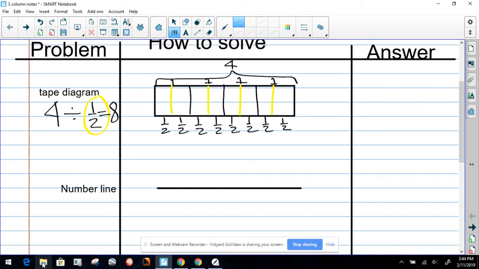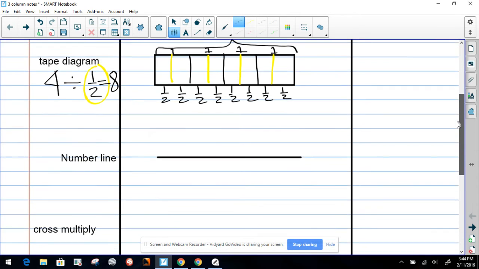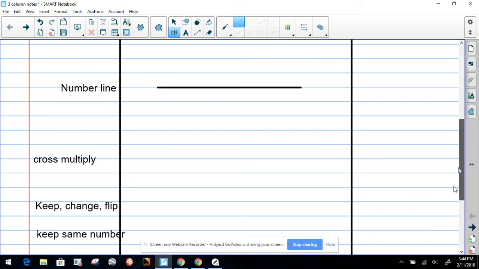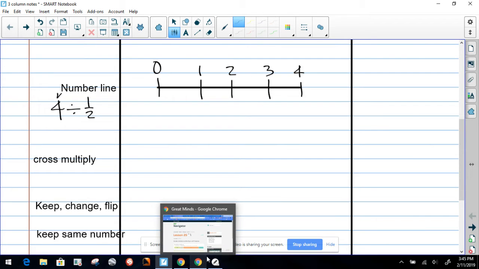8 halves. Okay? Now, let's use a number line to solve the same problem, 4 divided by 1/2. So again, it says that we have 4 items. Here we go. So this should be 0, and this should be 4. And we have 1, 2, and 3 in between.